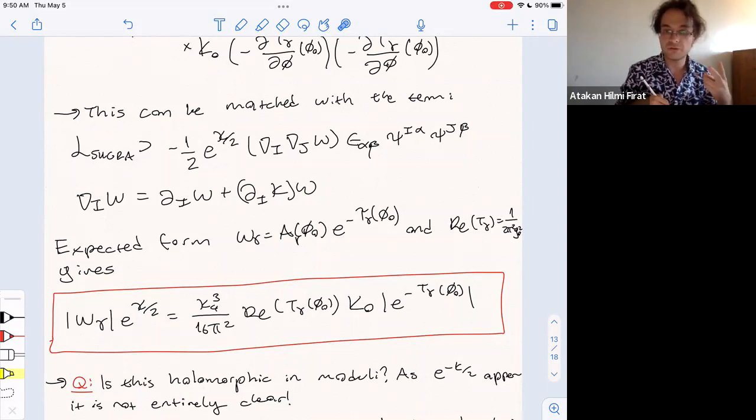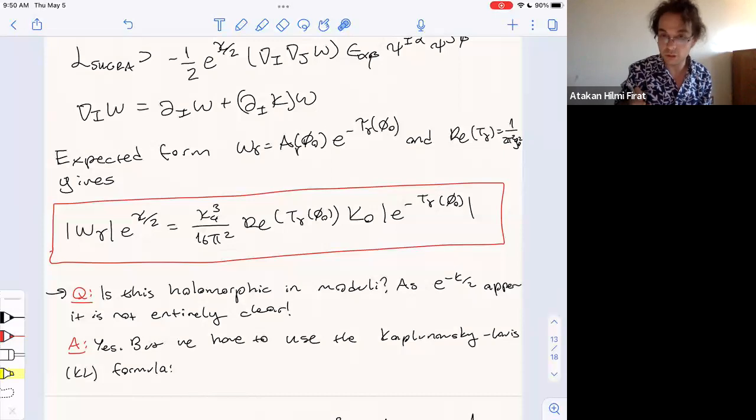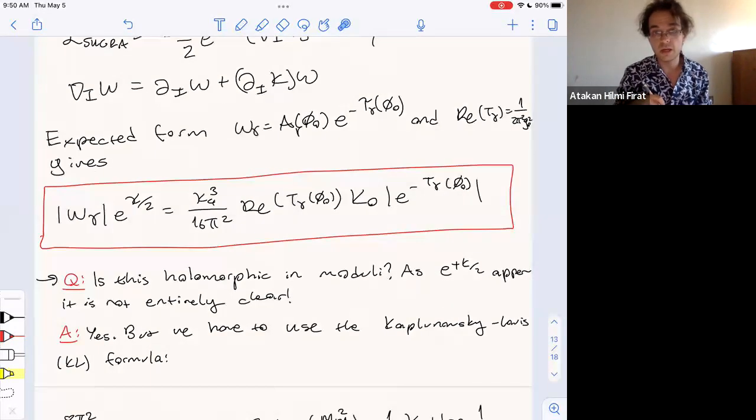Another one is that it is holomorphic, right? We know the superpotential has to be holomorphic. So that's the natural question: is this holomorphic? Because there's this Kähler potential term that is non-holomorphic in general, and it's not entirely clear how this K0 and this term are going to interact with each other to cancel the non-holomorphic part and make this whole expression holomorphic.